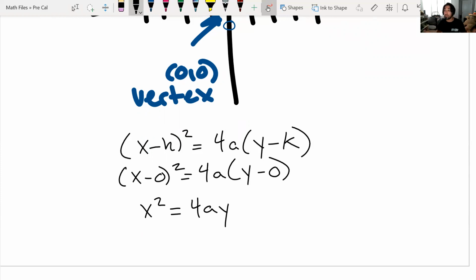Well, how do we find the value of A? Are we given another piece of information to help us find this value of A? And I guess what I'm asking is, are we given an X value and a Y value to plug in and help us solve for A?